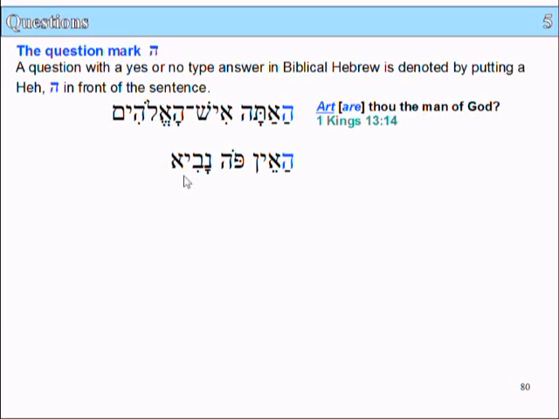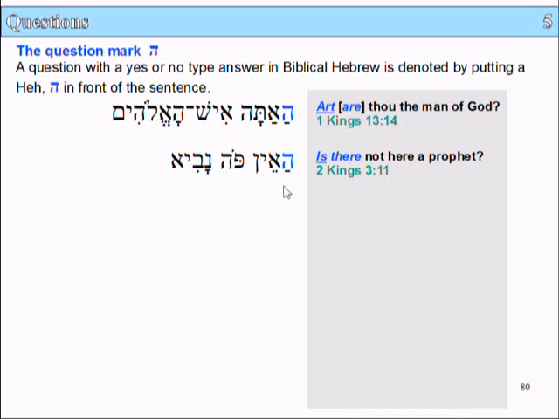So Navi is related to the word things to come. So in any case, Ha'ayin po Navi. Is there not here a prophet? Is there not a prophet here?